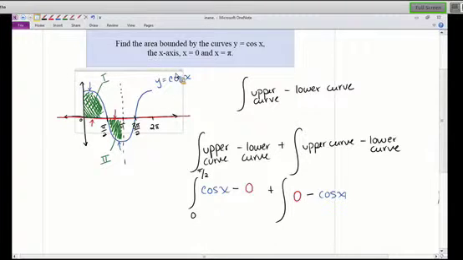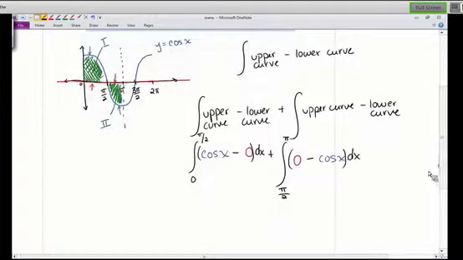And we're evaluating this integral from pi over 2 to pi. Now remember, because we are evaluating an integral, we need to put our dx within our integrals. Okay, so let's put this in a set of parentheses and put this in a set of parentheses.